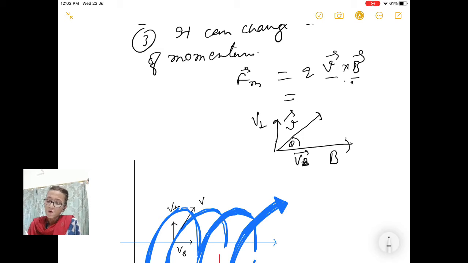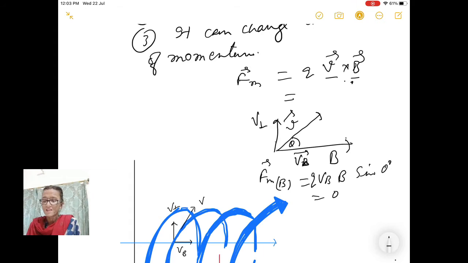But for the component which is along the magnetic field itself, the angle becomes 0 and sine of 0 becomes 0. Therefore the magnetic force along the direction of the magnetic field is equal to qvB sin 0 degrees, and this is 0.